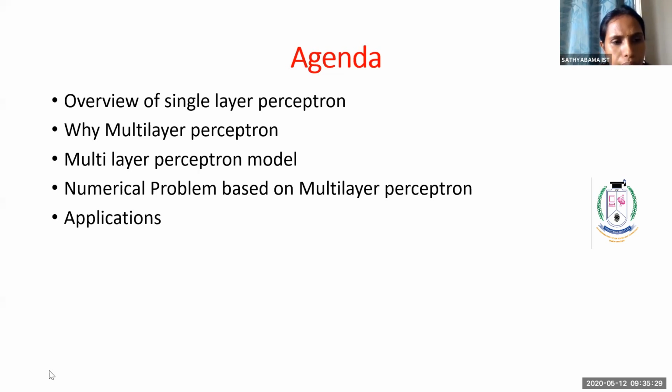And as we already know, every concept we have to associate with some numerical problem, so we are also going to apply a numerical problem on the multi-layer perceptron, and finally conclude with some applications.